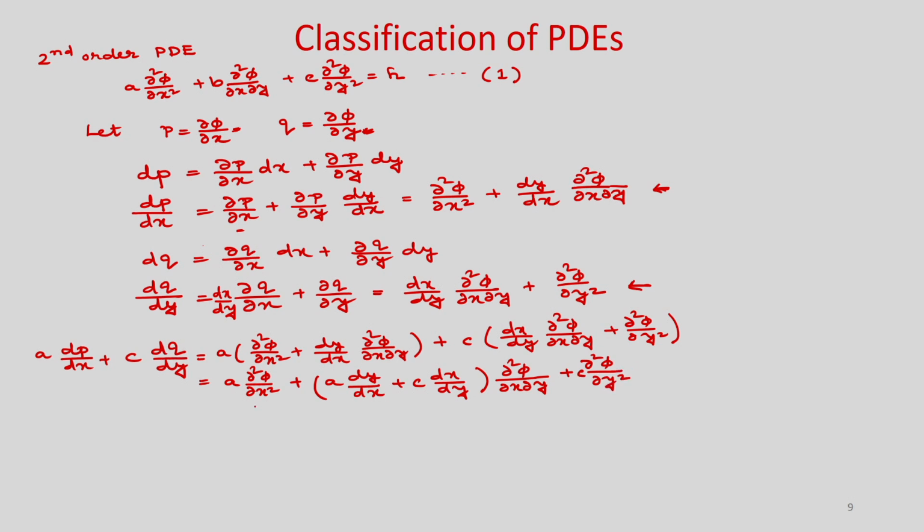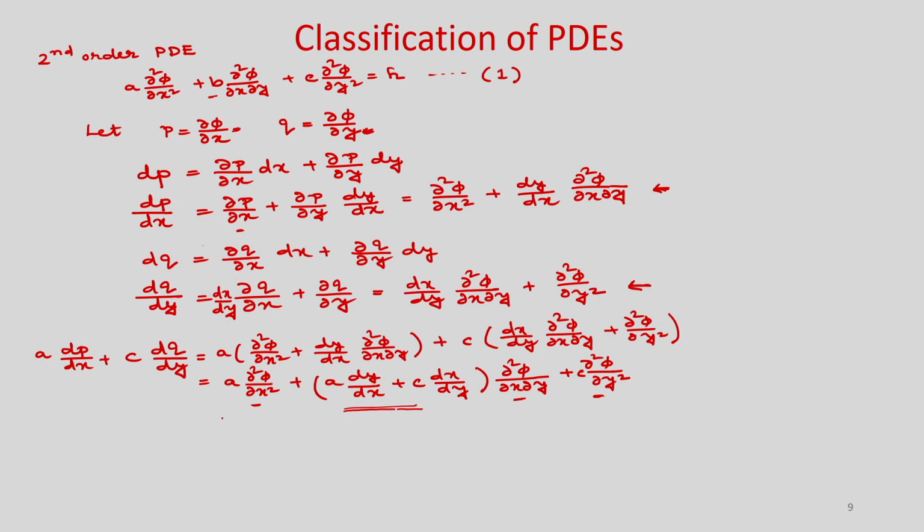So, now you can see a del 2 phi by del x square plus some coefficient into the mixed derivative plus c into del 2 phi by del y square. So, the left hand side we have an ODE. Okay. So, you can reduce this PDE to ODE. So, if this a dy by dx plus c dx by dy becomes b, then you can write this equal to h.